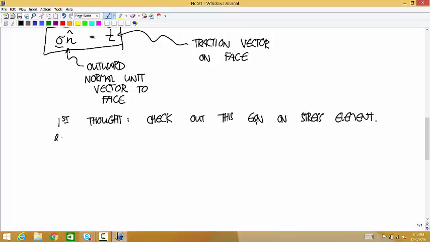Okay, so for example, let's say that this is the stress element.